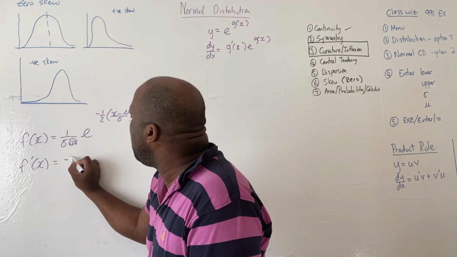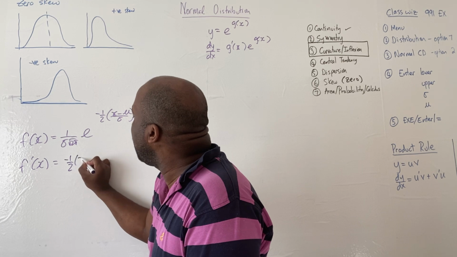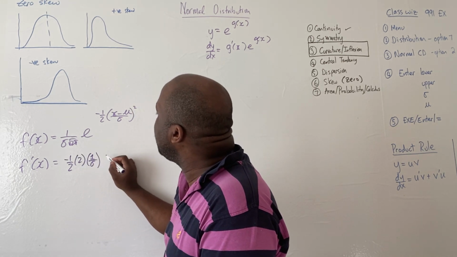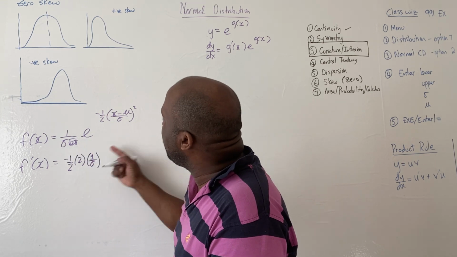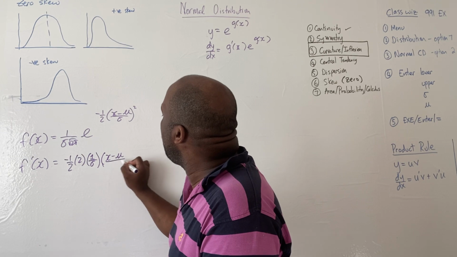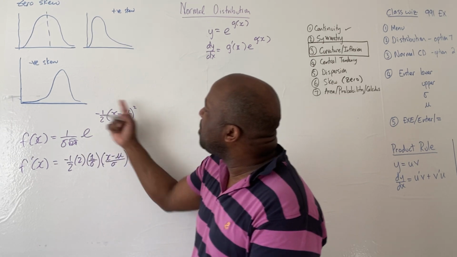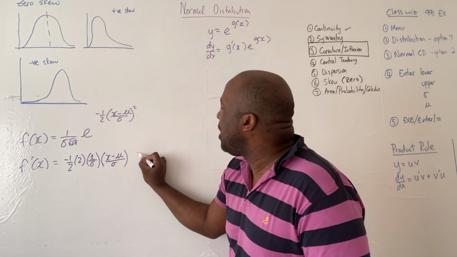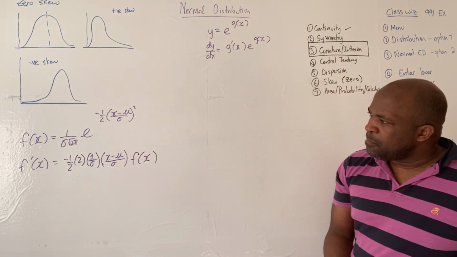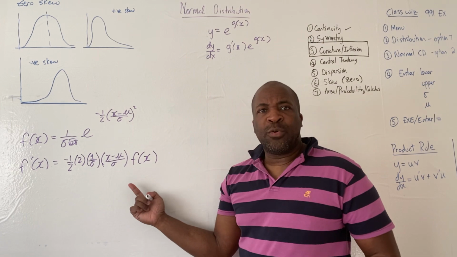So we will have minus a half times 2 times 1 over sigma, times x minus mu over sigma, and then multiply that by the original f of x. So we can write it like that. That is our first derivative.